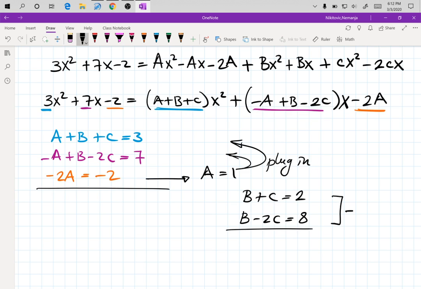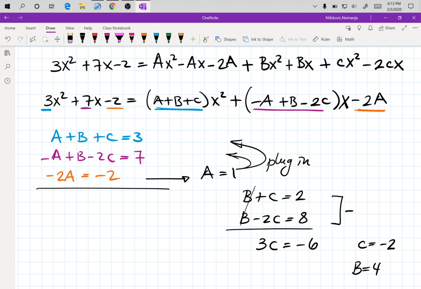So when you subtract equations, b minus b is 0. C minus 2c is negative c, and 2 minus 8 is negative 6. So we calculate that c is negative 2. I already have that a is 1. So if c is negative 2, b must be 4, because when you plug in negative 2 over here and move it to the other side, it becomes a plus 2, and 2 plus 2 is 4.